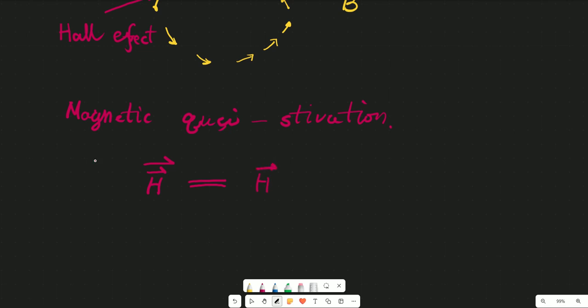In this situation, the magnetic field is the same.